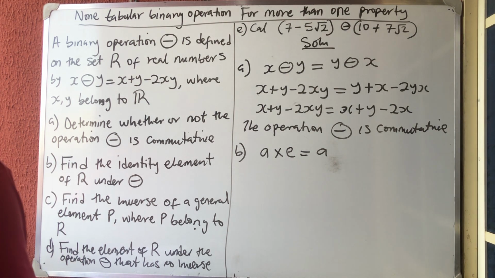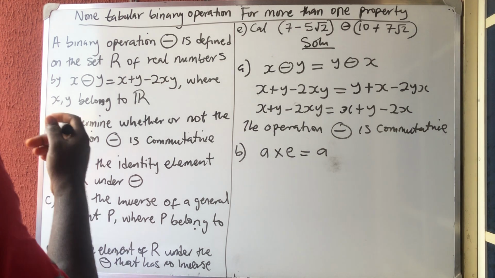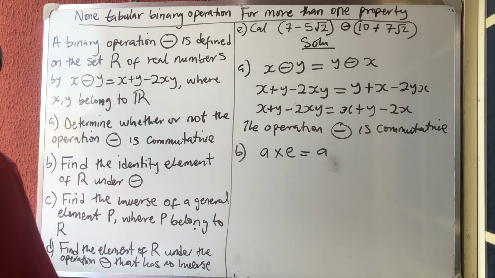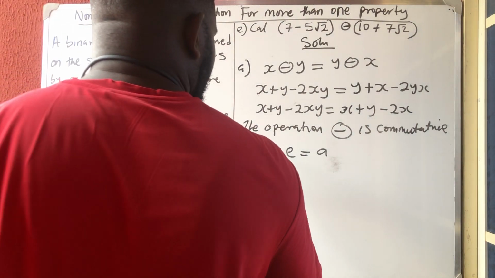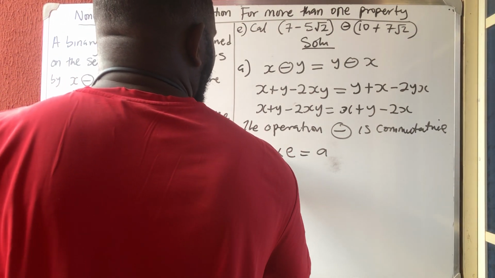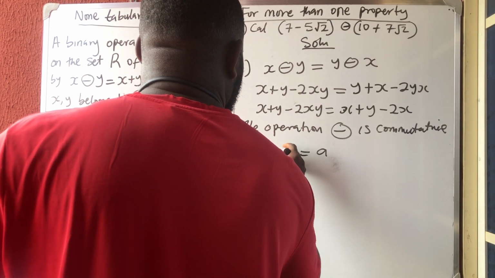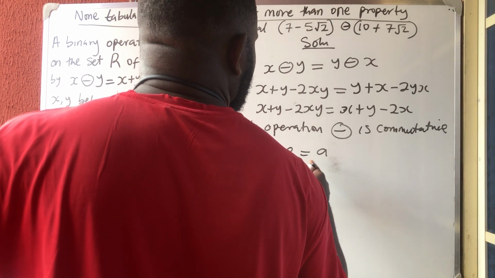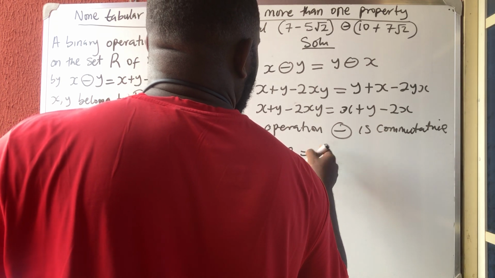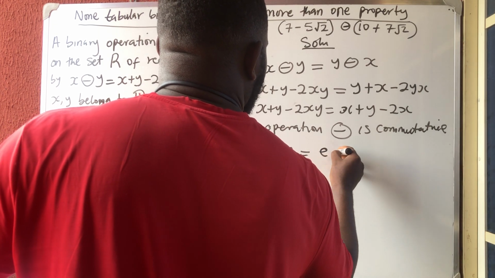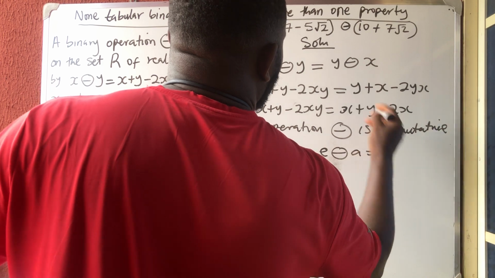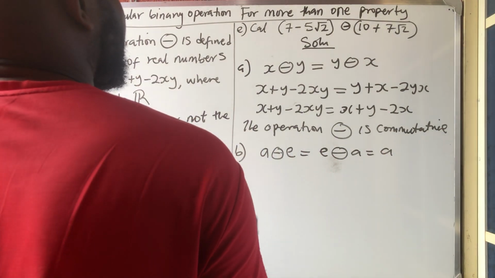So let us get the identity element. Identity element simply means A operates on E must be the same thing as E operating on A, and you get your A back. Okay, so let us check that.